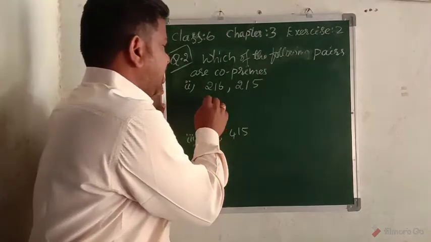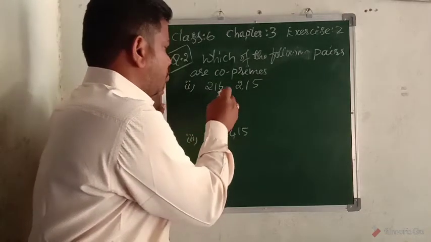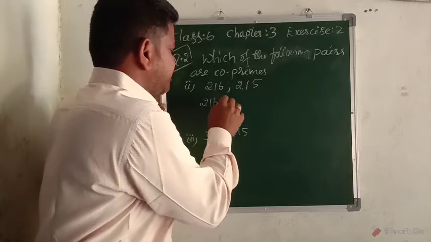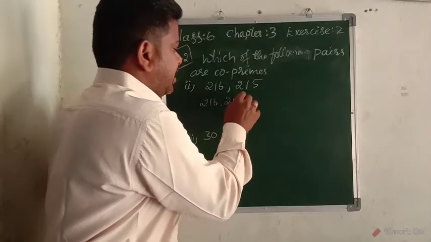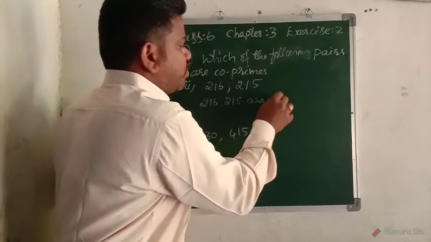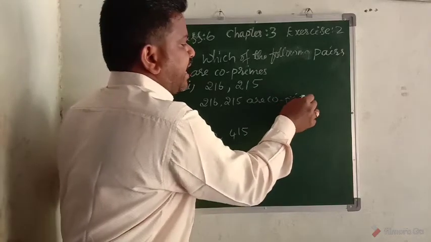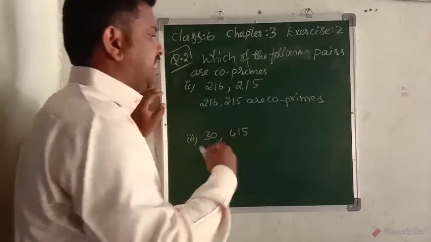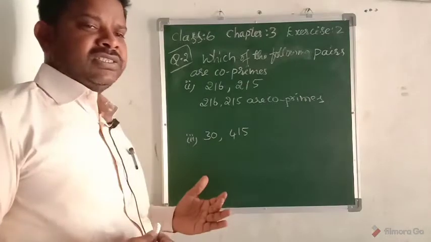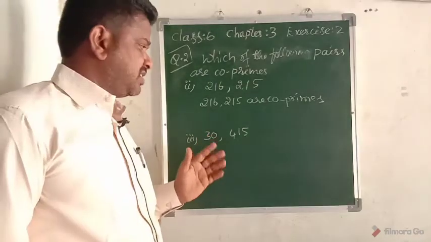So definitely two consecutive numbers are coprimes. So 216 and 215 are coprimes. We need not write the factors and find the common factors.